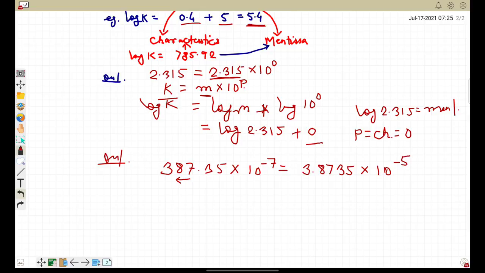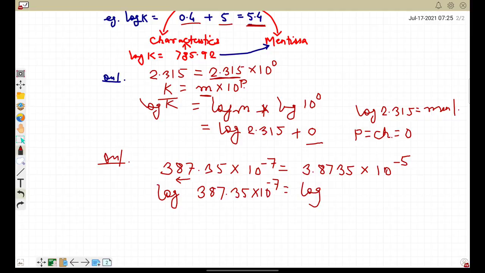First thing done. In next step we can take log on both sides. So on the left hand side this value is log of 387.35 into 10 raised to the power minus 7, is equal to, now take log on both sides, then log of m into n becomes log m plus log n.